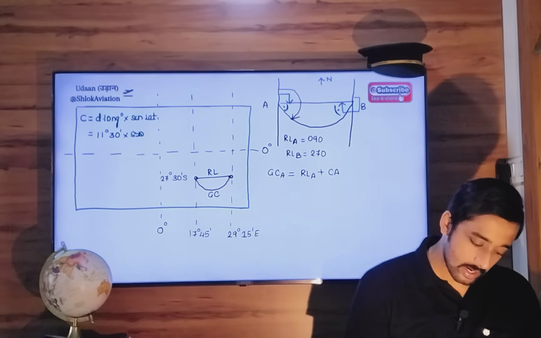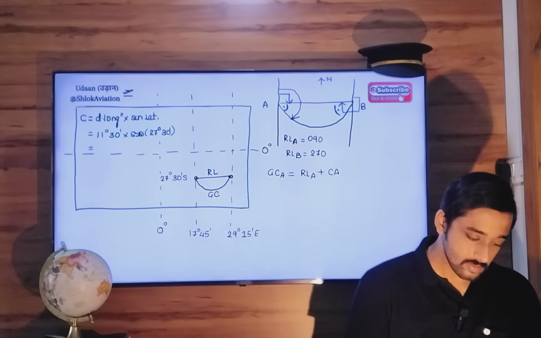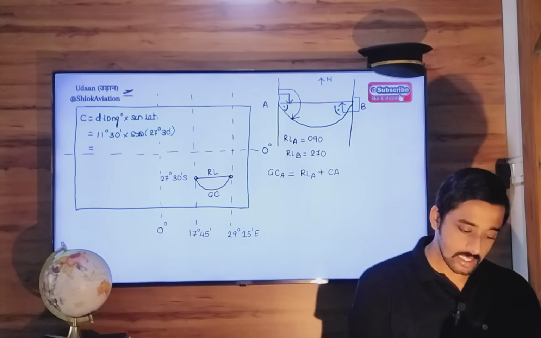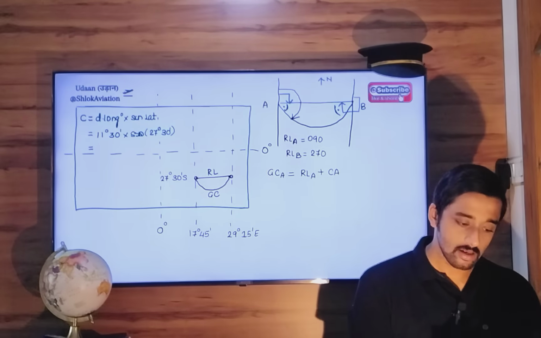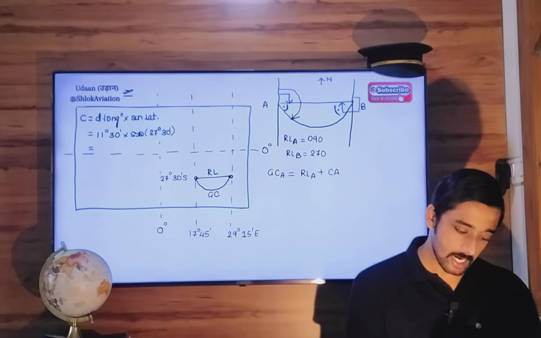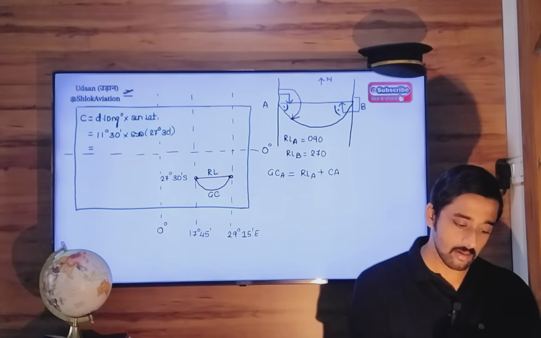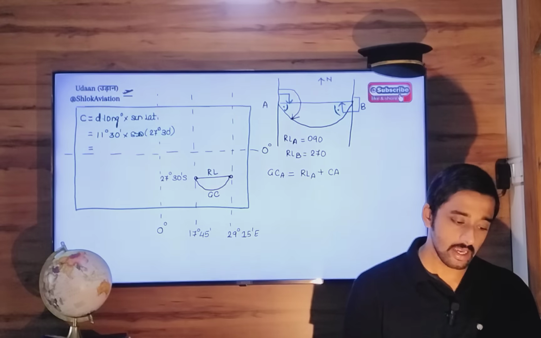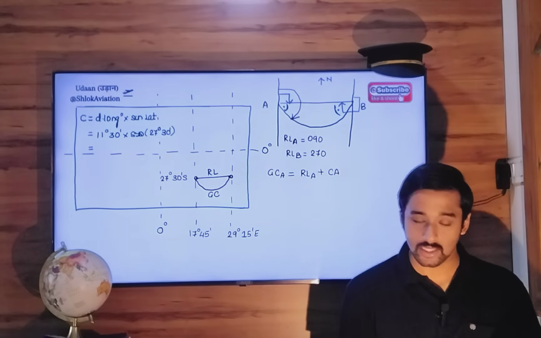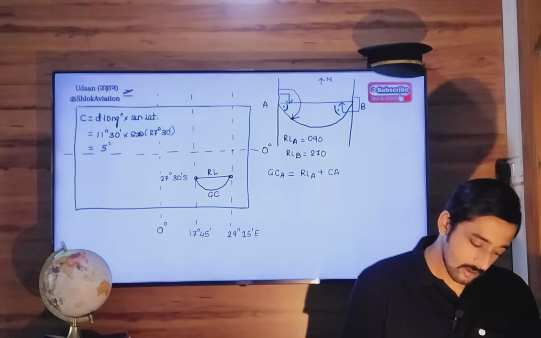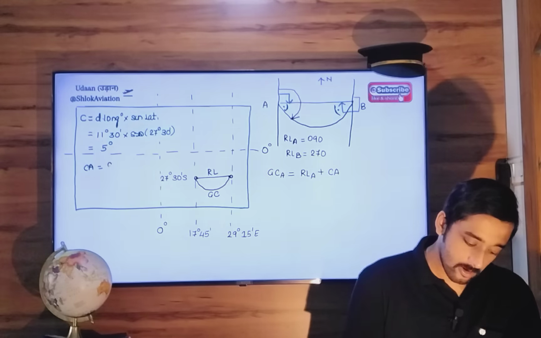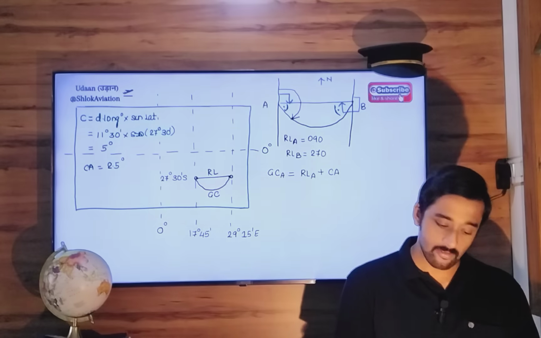What is the latitude? 27 degrees 30 minutes. So sine of 27 degrees 30 minutes is 0.46 multiplied by 11 degrees 30 minutes is 5 degrees 18 minutes. So approximately 5 degrees. So convergency angle will be half of that, that is 2.5 degrees.